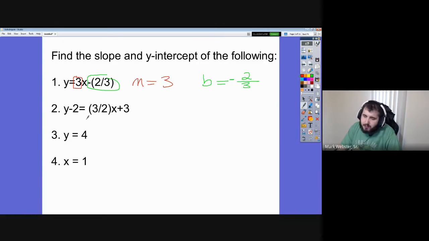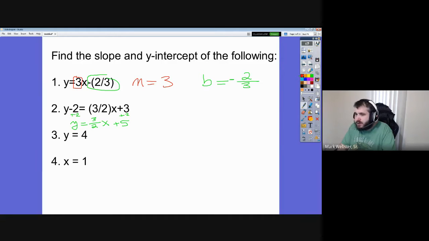Here we have got a problem because it's not yet in slope-intercept form. So we're going to have to add the 2 over so we can have everything all correct. So we've got now 3/2. Get 2 down there. X, 3 and 2 is 5.